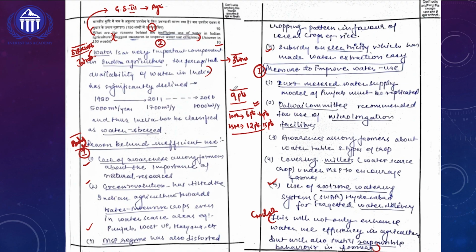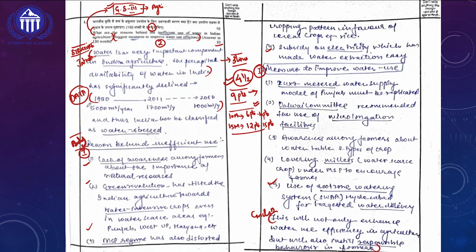So since this particular topper has written 9 points for the body of the answer, she will be getting half a mark for each of the points she has written. So overall, for the body of the answer itself, she would have fetched 4.5 marks. Not only that, she has used data in the introduction itself. The usage of data is going to be very important whenever we are writing a GS paper 3 answer.